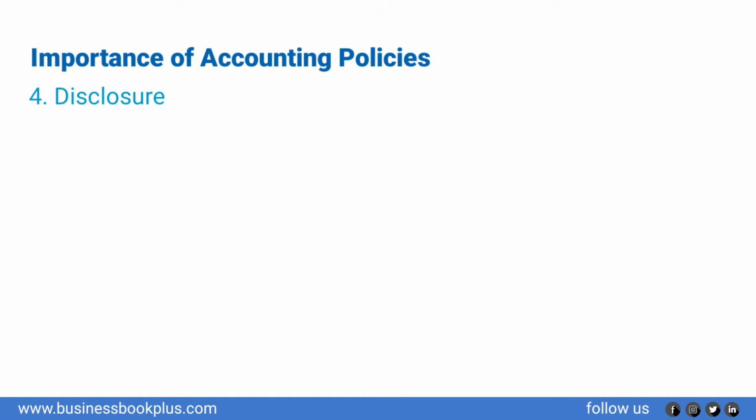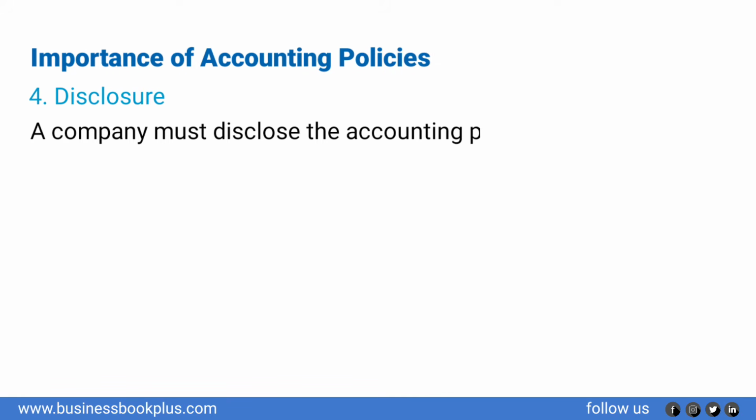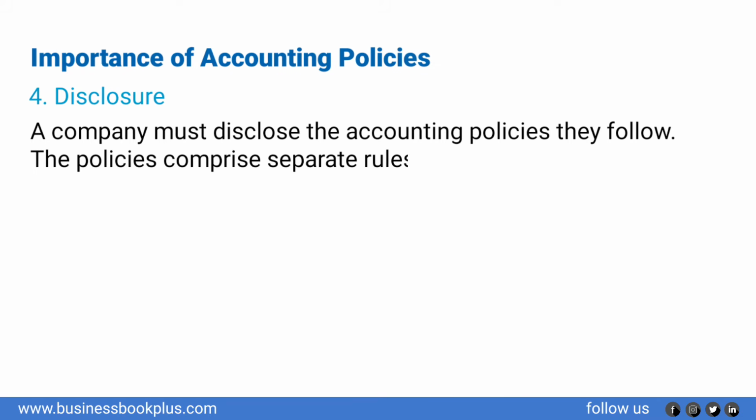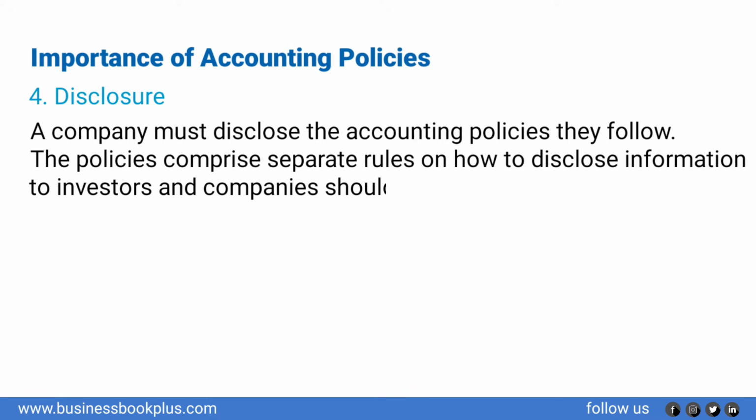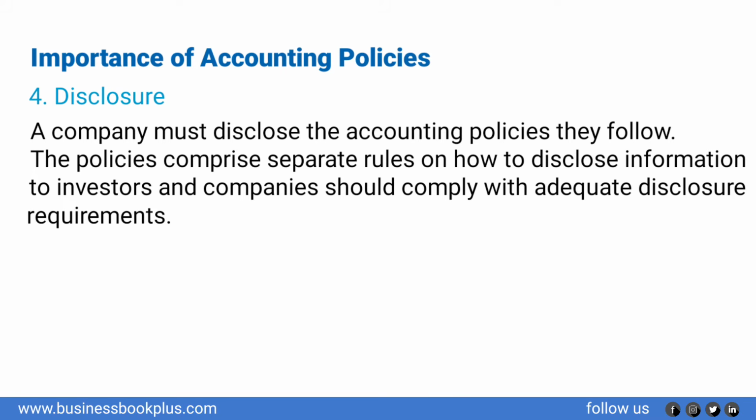Number 4. Disclosure. A company must disclose the accounting policies they follow. The policies comprise separate rules on how to disclose information to investors, and companies should comply with adequate disclosure requirements.